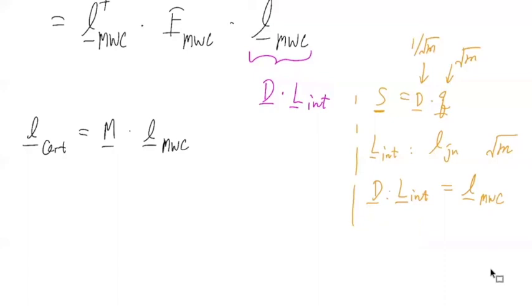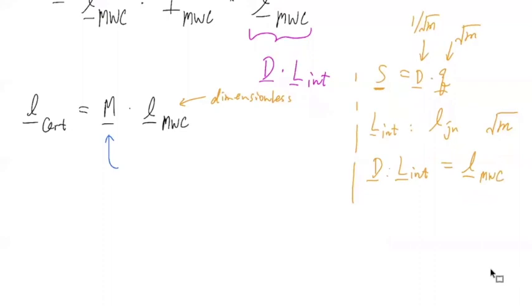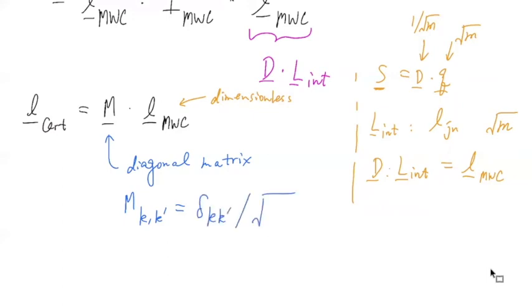So really, for LMWC, it's a dimensionless quantity, or I should say, each element inside this matrix has no unit. This mass matrix is actually defined as a diagonal matrix. Its matrix element is defined as KK. Well, since it's diagonal, we can write, say, KK prime. This is just delta KK prime over square root MK.